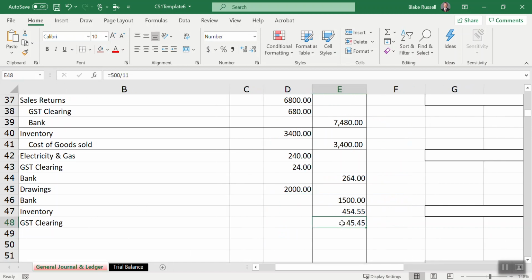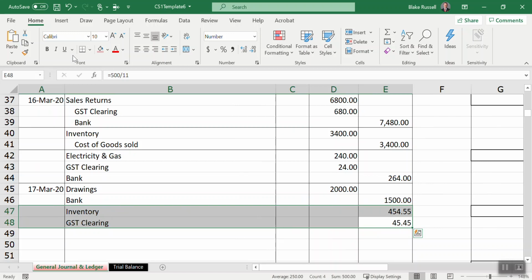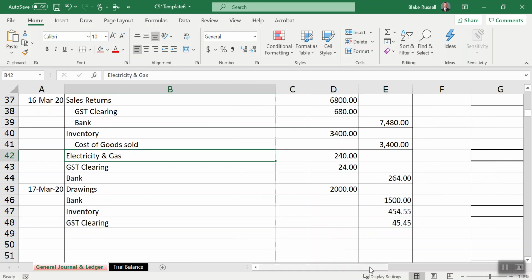So what we have to do is be good people and pay that back to the taxation office. But what you find is a lot of businesses probably won't do that. They won't record the GST when they draw it out of the business, and then they don't have to remit less to the taxation office. So there's little loopholes. You have to be careful though if you do get audited.